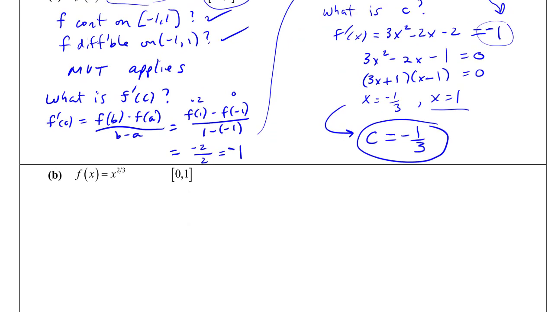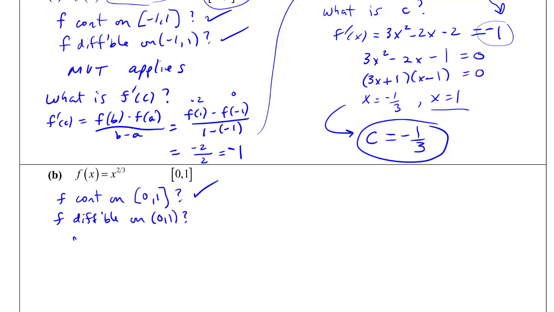All right, so let's take a look at this last one here, x to the 2/3. Okay, is f continuous on 0, 1? Well, again, this is a power function here that's going to be continuous wherever it's defined, and it is defined there. Is it differentiable on 0, 1, open?